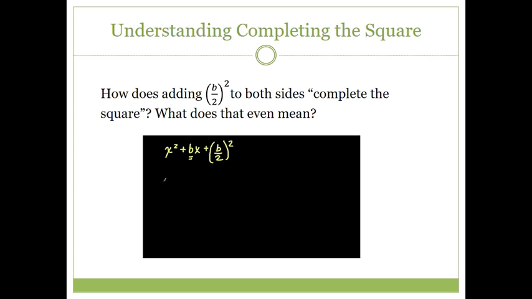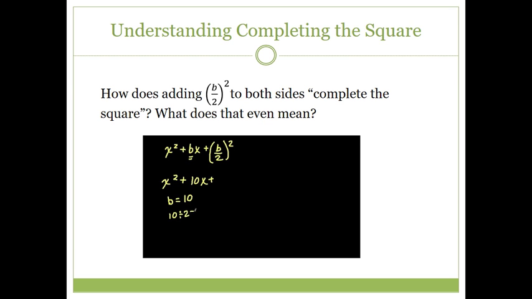So if I had something like x squared plus 10x, and I said factor this by completing the square, what you would do is say, oh, well, b is equal to 10. And what I have to do, according to this formula, is add 10 divided by 2 squared.